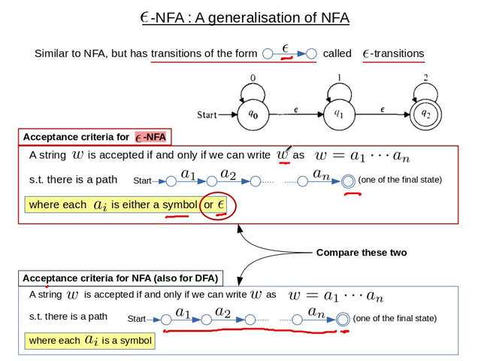The only difference is that here the AIs are either symbols or epsilon, the empty string. Otherwise, the acceptance criterion is almost the same.